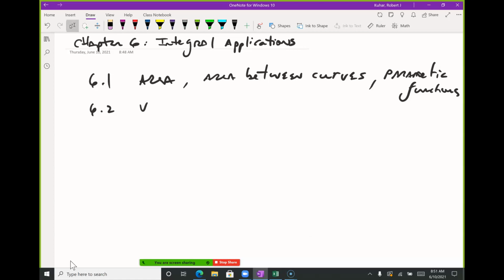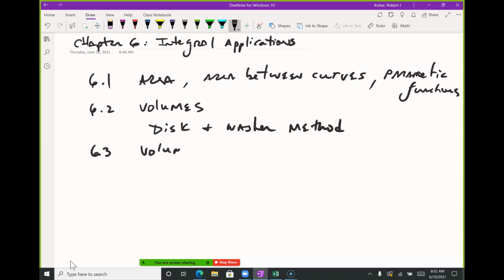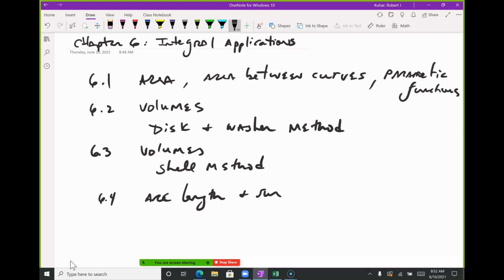So this is volumes, and we have two methods there, a disk method and washer method. In 6.3, we have volumes by the shell method. In 6.4, we have arc length and surface area.